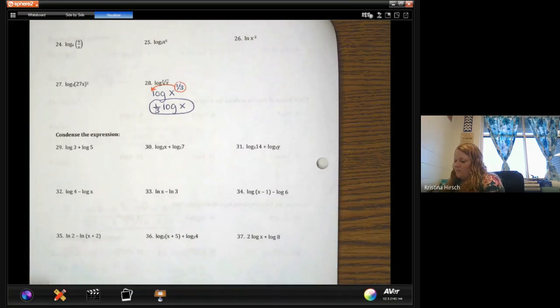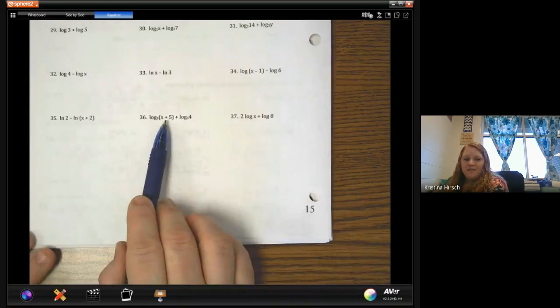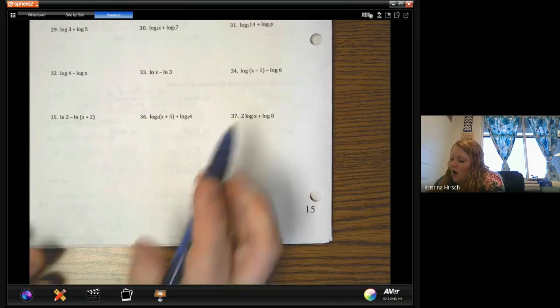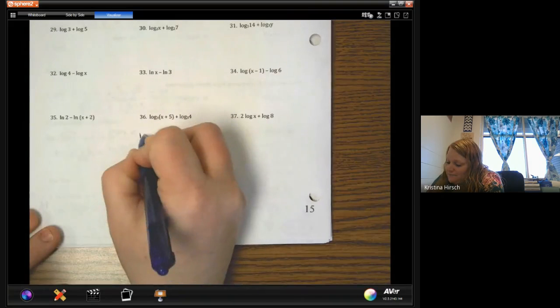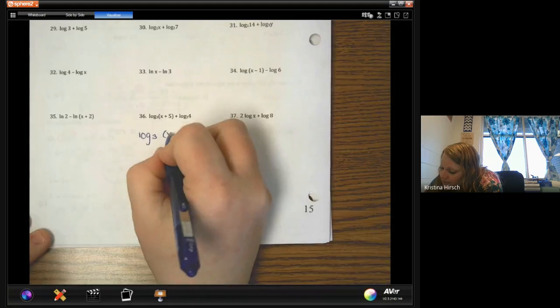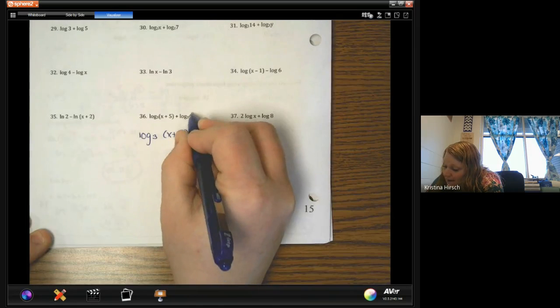If we come down to the bottom of page 15, you'll see some of these problems have parentheses. Don't get thrown off by that. We have the log base 3, we're condensing. And we have the x plus 5 in parentheses. Plus tells me to do what? Multiply by 4.